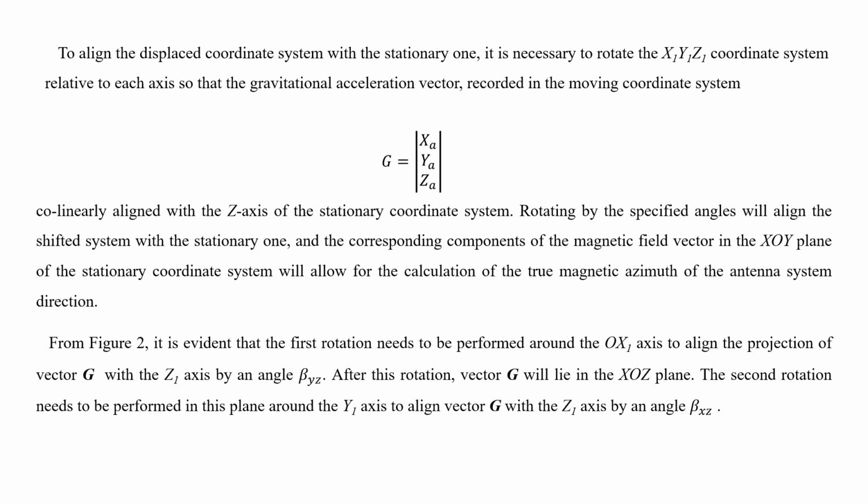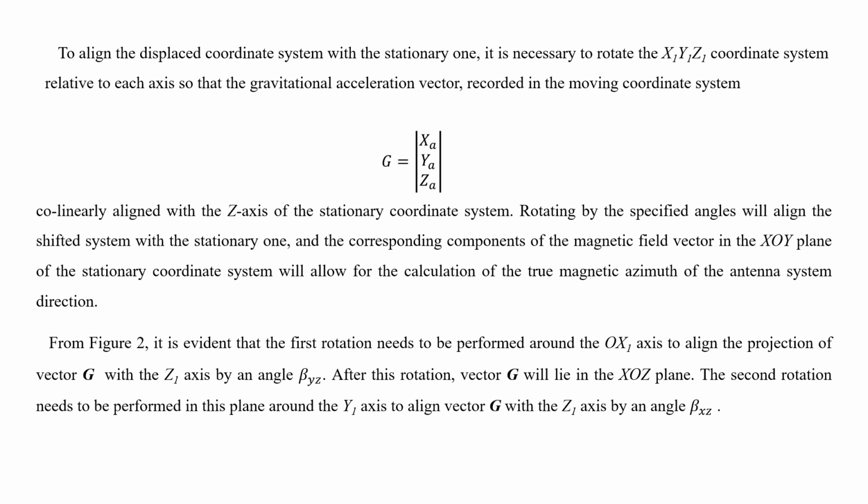To align the displaced coordinate system with the stationary one, it is necessary to rotate the x1, y1, z1 coordinate system relative to each axis so that the gravitational acceleration vector, recorded in the moving coordinate system, is collinearly aligned with the z-axis of the stationary coordinate system.